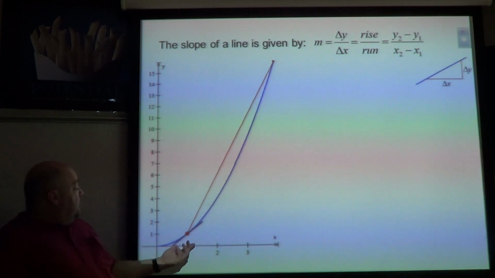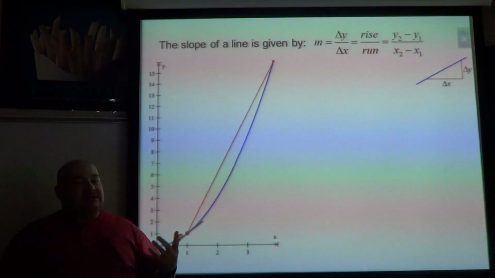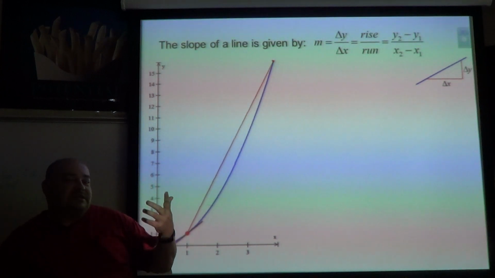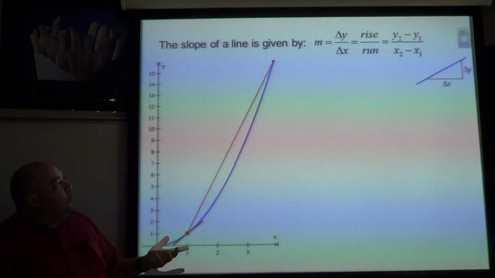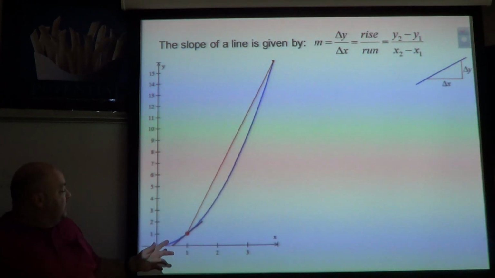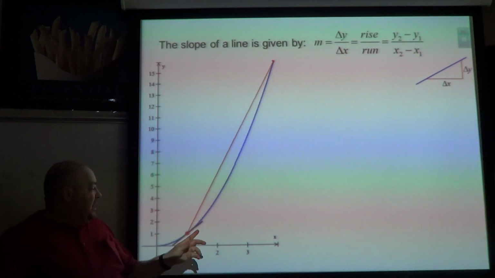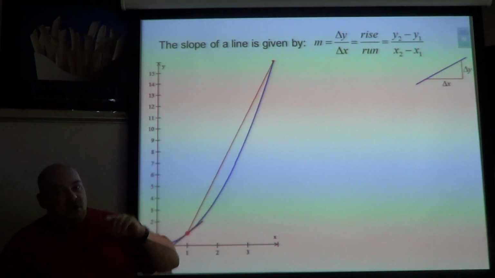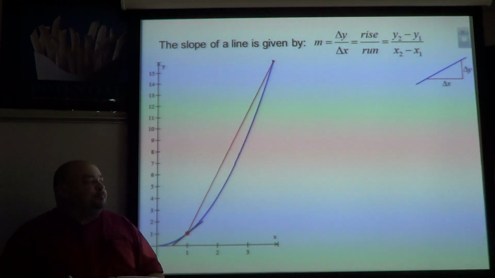So if we wanted to approximate what this line around here is, and we've kind of hinted at this the entire time, but we're actually going to see the graphical way we're doing it as we talk now. What we can do is start off with taking the secant line, which is a line segment from one point on the curve to another point on the curve, and find the slope of it.